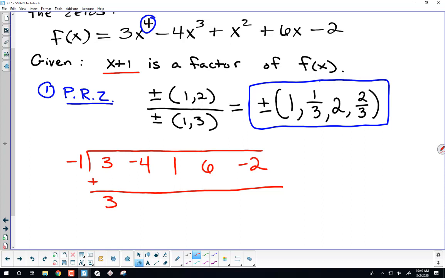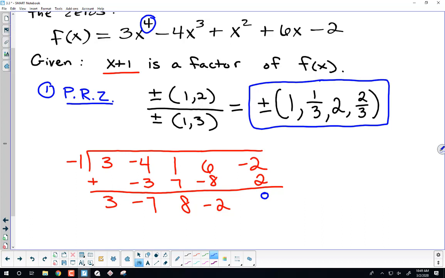And then we start multiplication. 3 times our -1 out here, -3, plus -4, -7, times now our -1, +7, plus 1 is 8, times -1, -8 plus 6, -2, times the -1 again, +2, which gives us this 0 here. So that's our remainder.